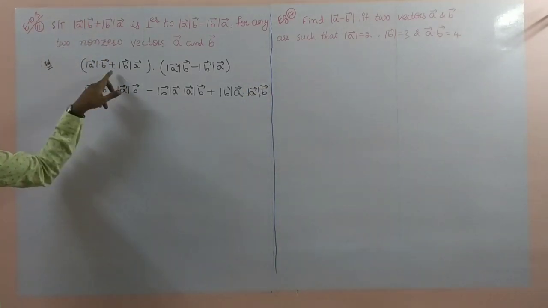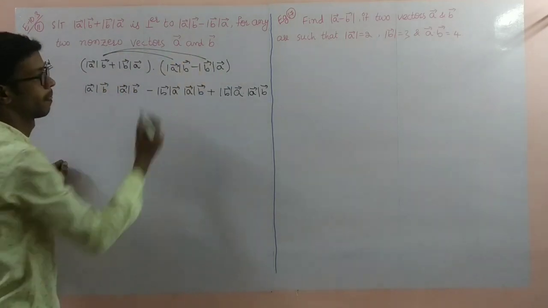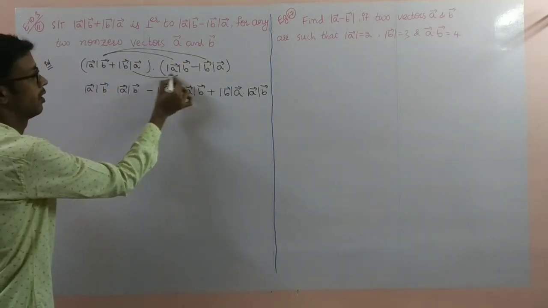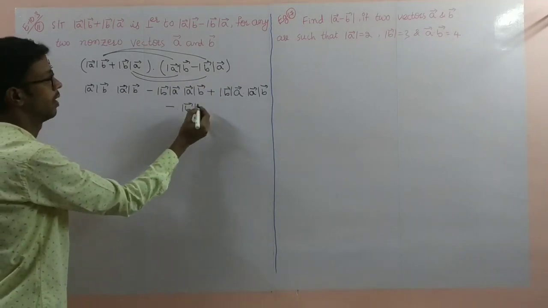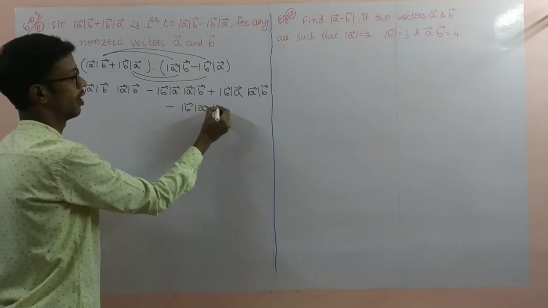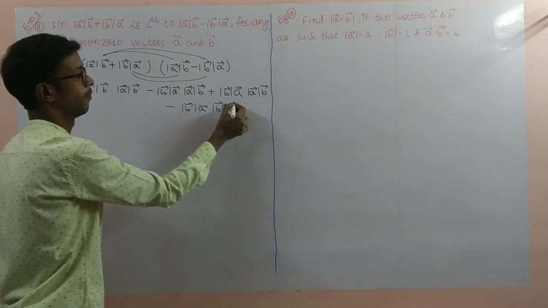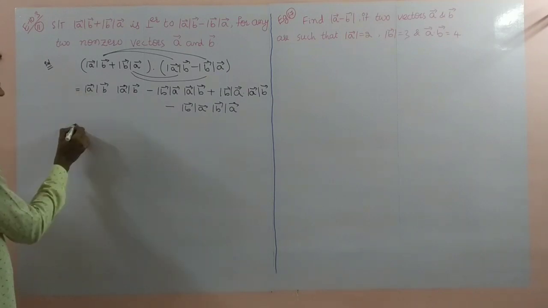Here multiplication: first one multiplies with these two, next the second one multiplies with these two. Minus magnitude of b bar into a bar, magnitude of b bar, a bar. So the multiplication is completed. Simplify that one.